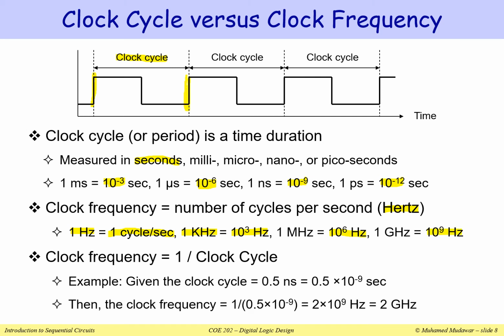And finally, we have 1 terahertz, which is 1 trillion cycles per second, 10 raised to the power 12. It's not really shown in this slide, but that's the meaning of 1 terahertz.